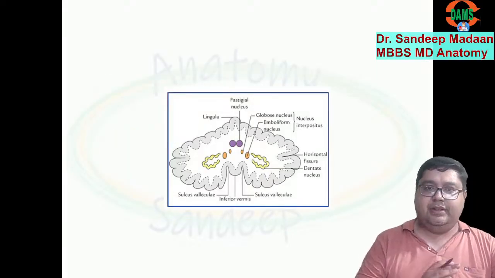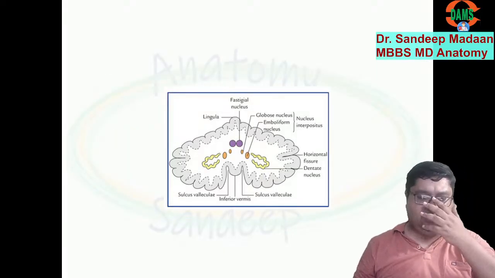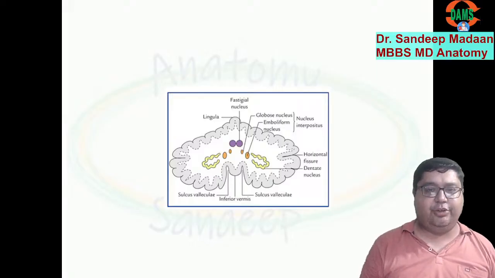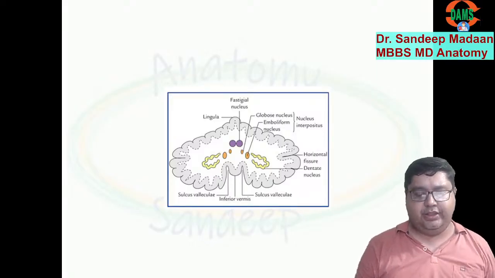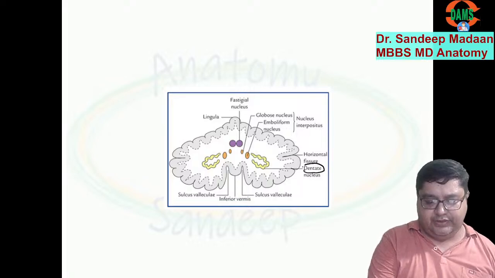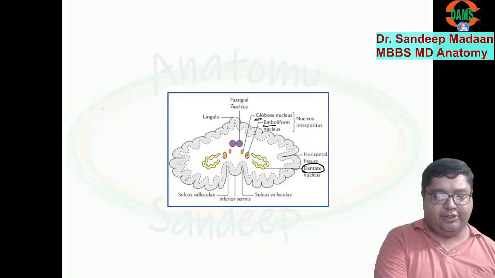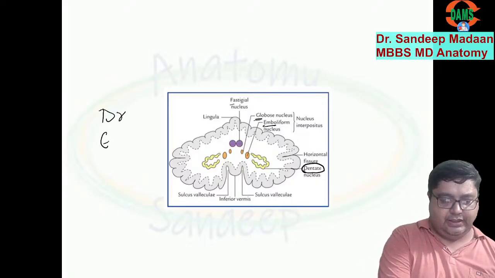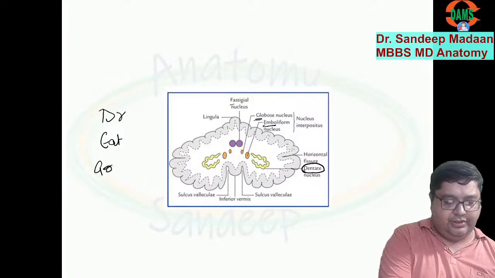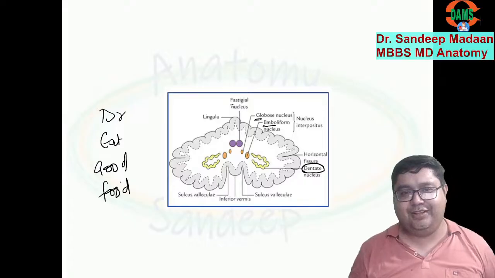We can quickly revise the names of the deep nuclei. We have the mnemonic: doctors eat good food. So we have the dentate nucleus, emboliform, E for emboliform, G for globose, and F for fastigial. The mnemonic says doctors eat good food. Do we really?